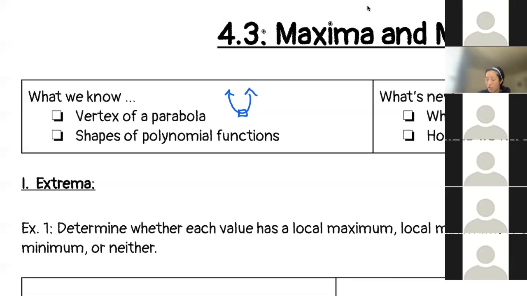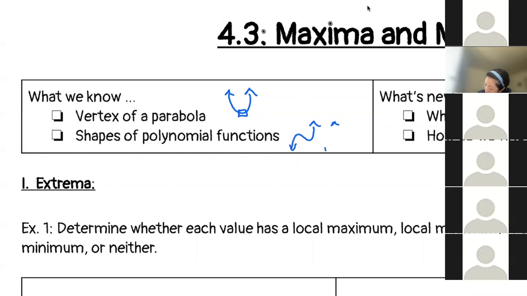The second one, shapes of polynomial functions, I think might be a vague memory somewhere in that pre-calc experience that you had, where you had to sketch graphs of polynomials and kind of think about some patterns that you saw about them. For example, we know what a second degree polynomial looks like. That's just the quadratic. But then there's also a third degree polynomial that might look something like this.